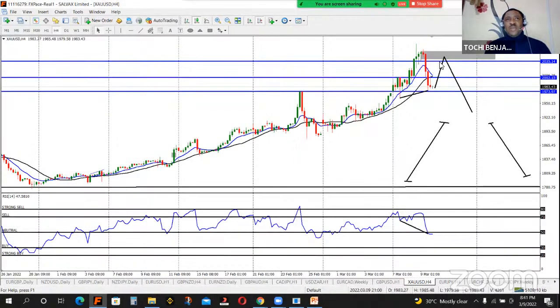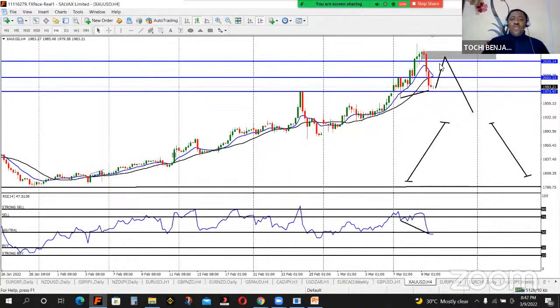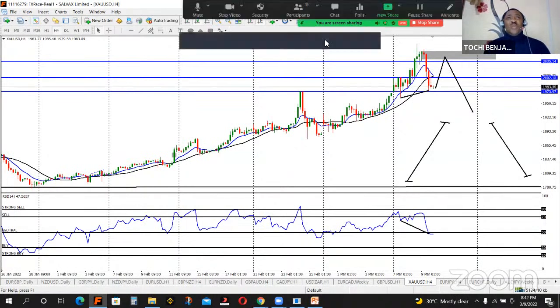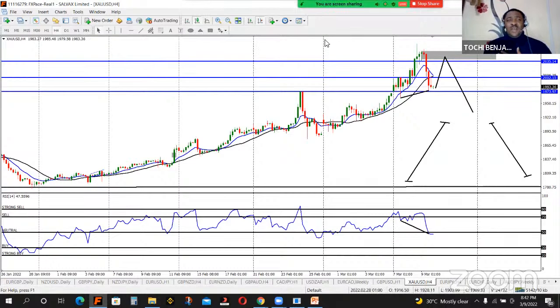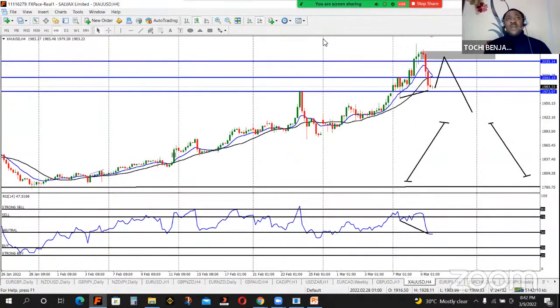As a Fibonacci trader, if you have backtested and done your analysis and homework very well, you will decide which Fibonacci trader you want to be. For me, I am a 61.8 Fibonacci retracement trader.